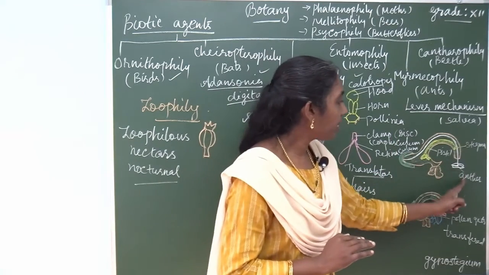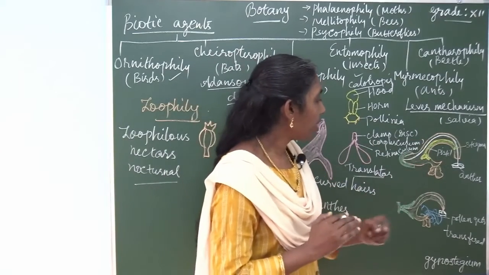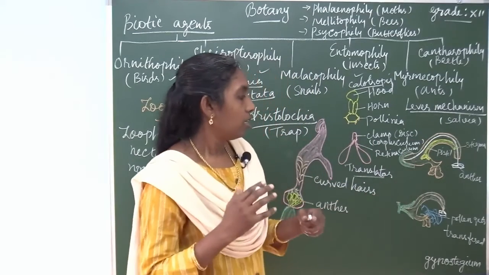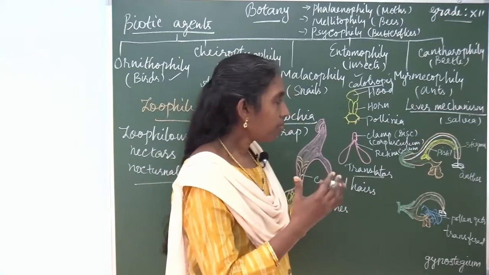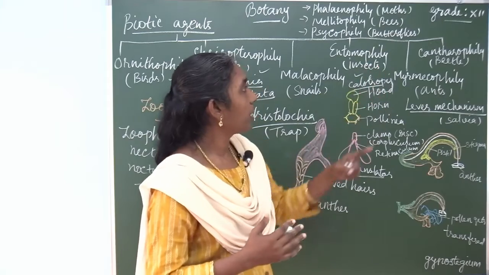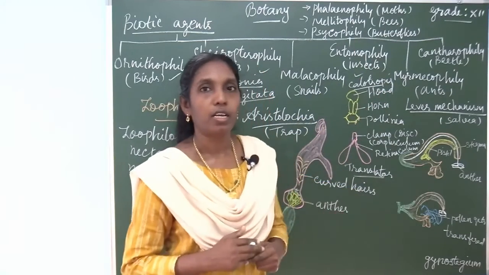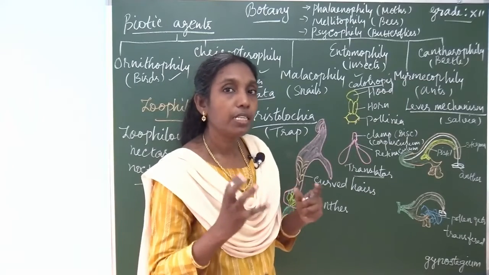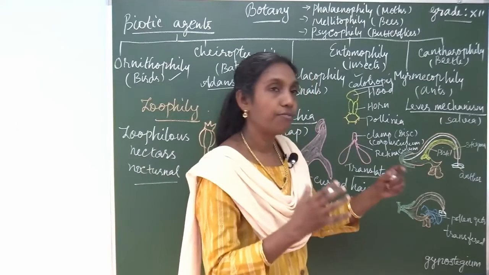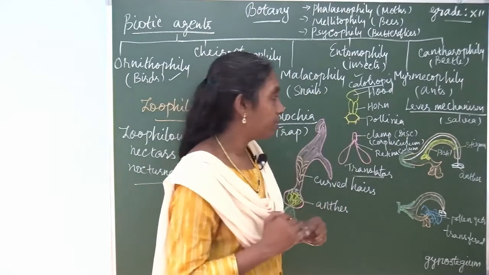So this is the anther which carries the pollen grain. Now this Salvia flower is an insect pollinated flower. The bees used to visit this flower. Beetles. When the beetles come and visit the flower, there is a specific mechanism observed.